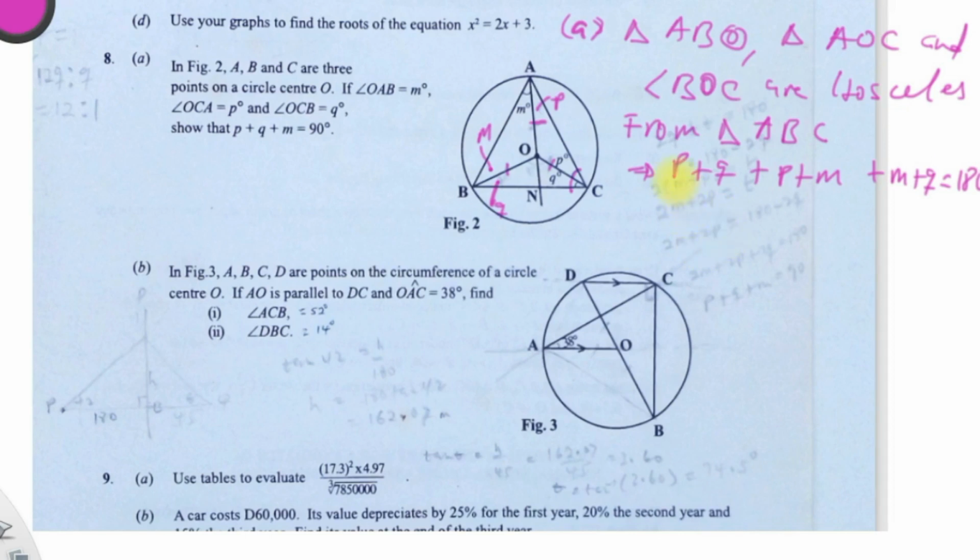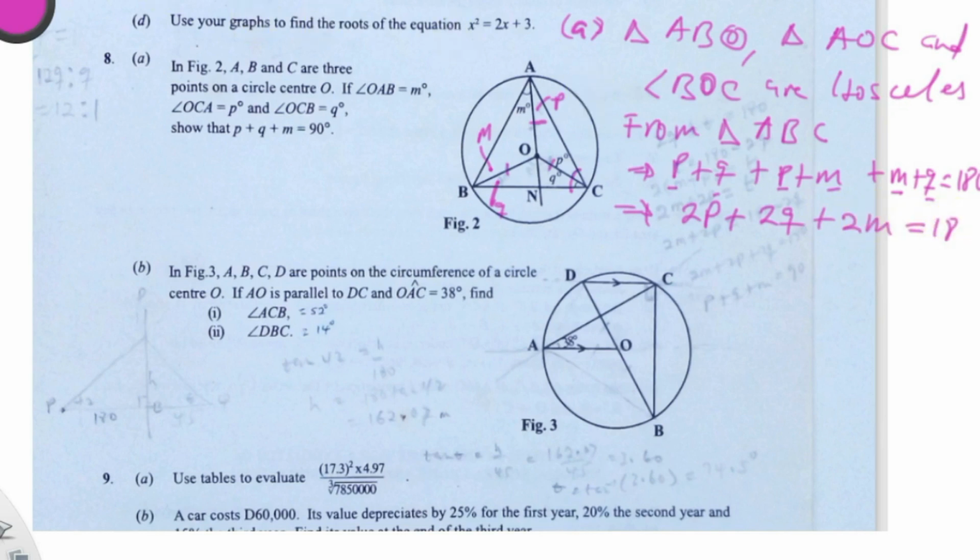Okay, fine. So you have P and P, which gives 2P. Q and Q gives 2Q. And M and M gives 2M. So 2P plus 2Q plus 2M is equal to 180 degrees.